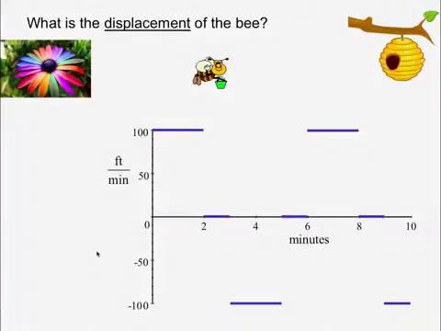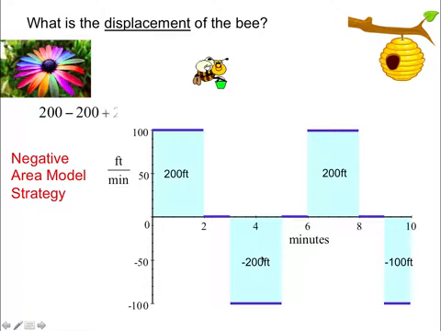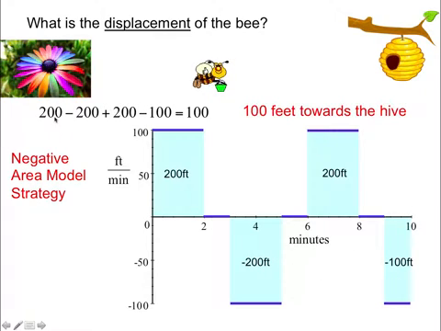The other physical quantity we can talk about is the displacement of the bee. We can think of this as our negative area model strategy. If we look at the same graph and acknowledge the fact that the value of the integral for functions that fall below the horizontal axis is negative, then the displacement ends up being adding the values of all of these integrals.